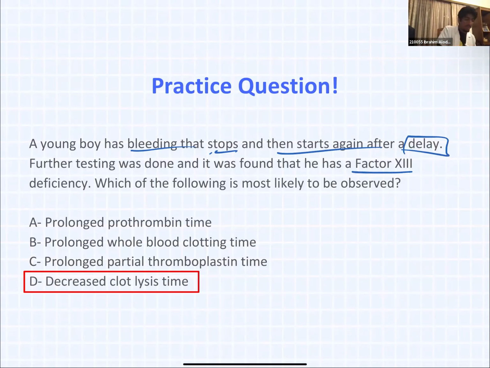Here, the blood clotted just fine at the beginning. It stopped. But then it rebled. That's why it's not a prolonged whole blood clotting time. So B means A and C, right? It can be. It can mean A and C.